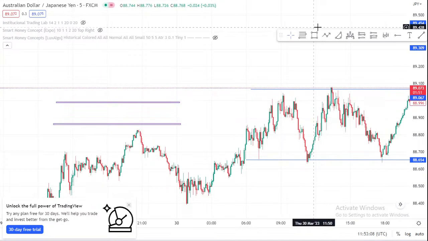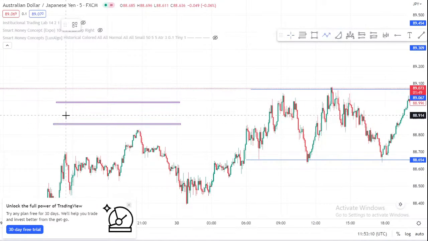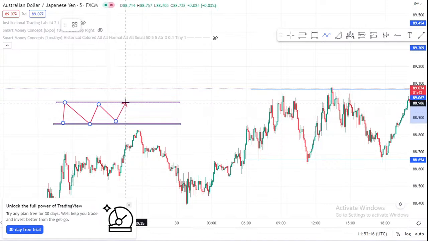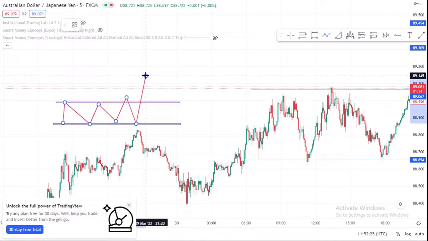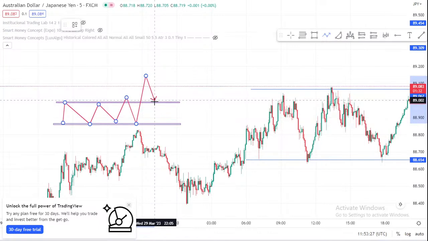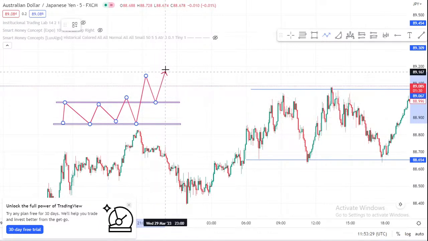You notice that once the market, let's say this was our market, obviously the market won't always be this straight, as you can see. So once the market literally breaks out of this zone, this becomes the new floor. I want you to understand supply and demand.